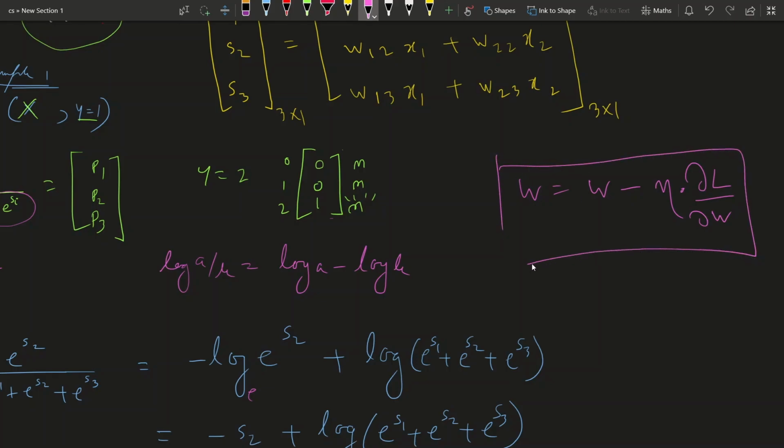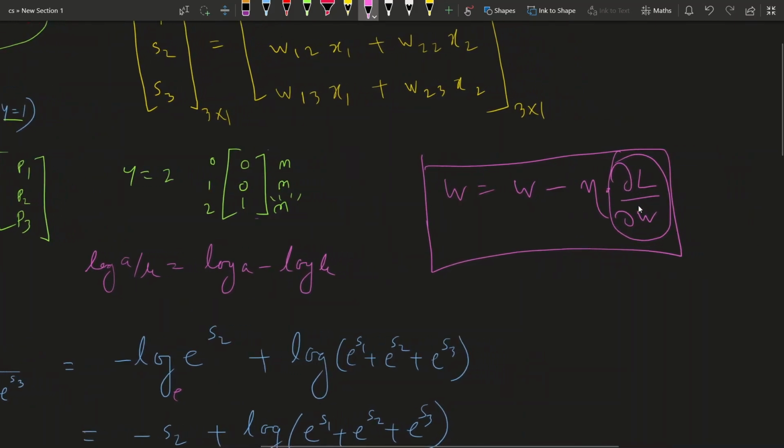So this is the reason why we need to calculate the expression del L by del W. And this is for each and every individual weight.